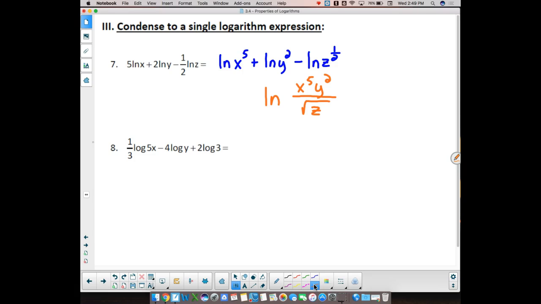Seven, I get the natural log of the fraction x to the 5th y squared, all divided by z times the square root of z.